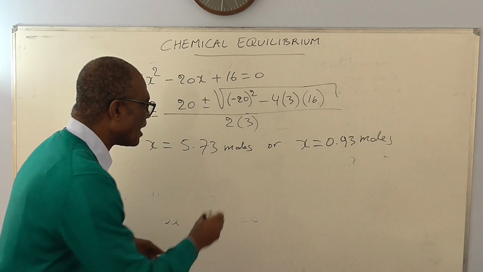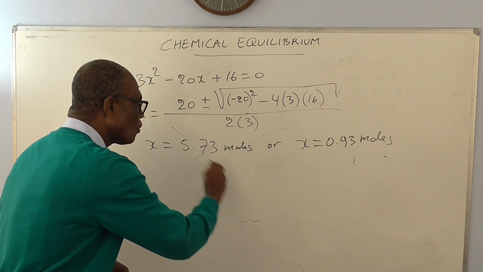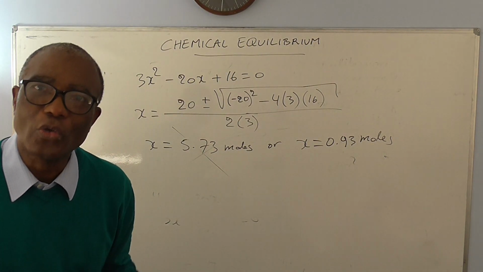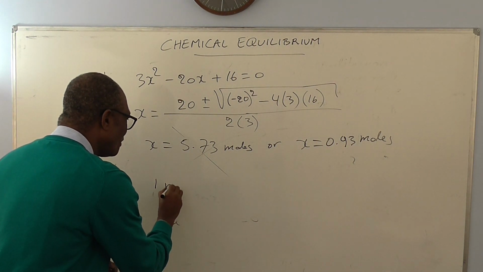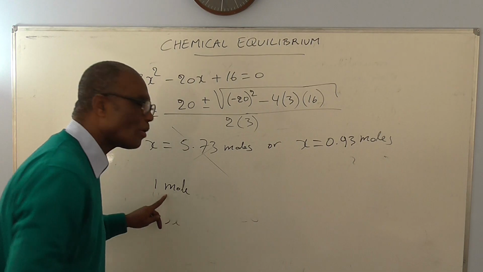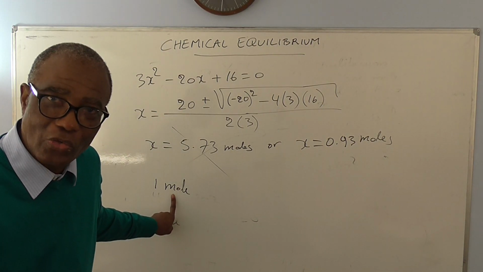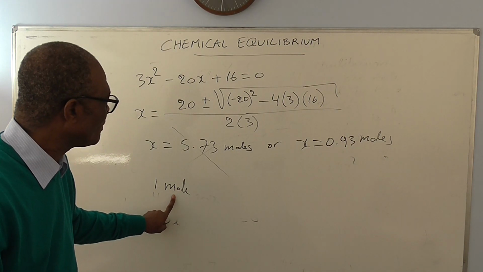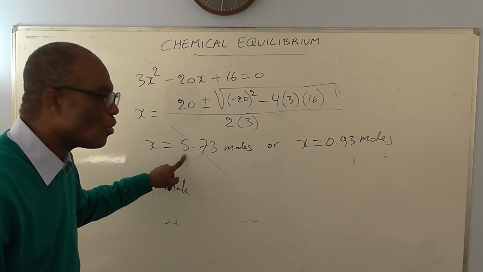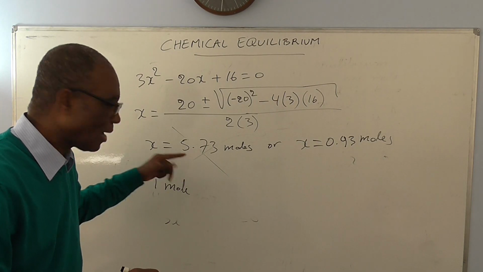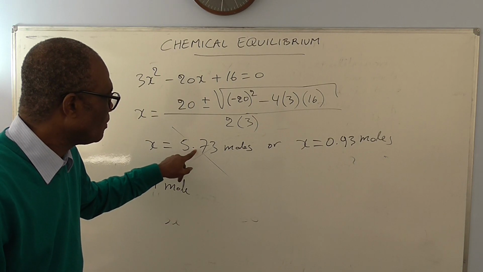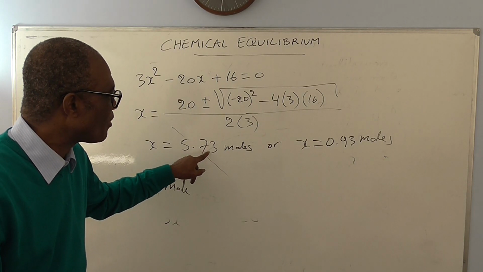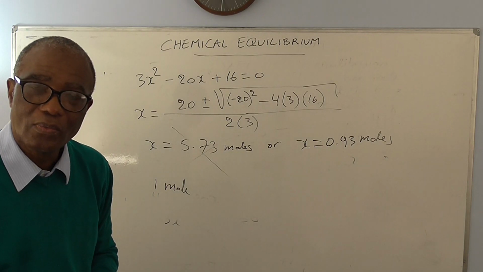This is not valid. Why? Because we cannot go from 1 mole of ethanoic acid at the beginning, and to have 5.73 moles.